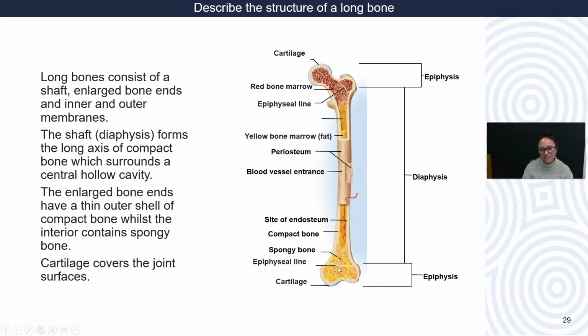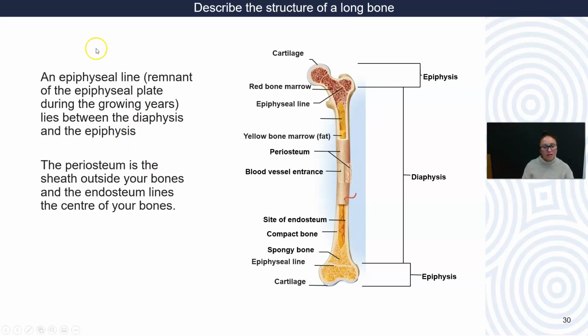And you also have this epiphyseal line, which is there, and there, and this is where your bones actually grow in length, okay? Oh, here it is again. The epiphyseal line lies between the long piece and the bulgy bit at the end, okay? And I already talked to you about these two sheets.